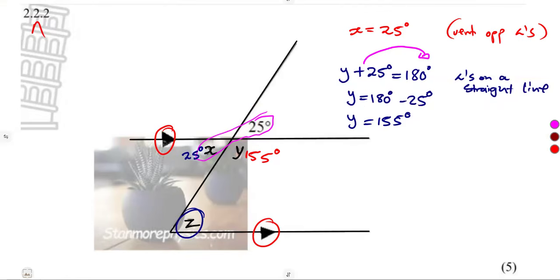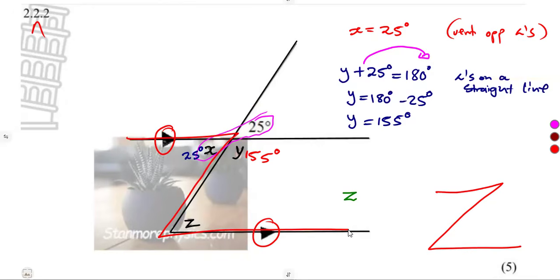We are left with a z. So to find z, there are so many ways. We can use the concept here. As we can see, we are forming a z there, alternate angles where we form a z. So angle x and angle z are supposed to be equal, where we form a z.